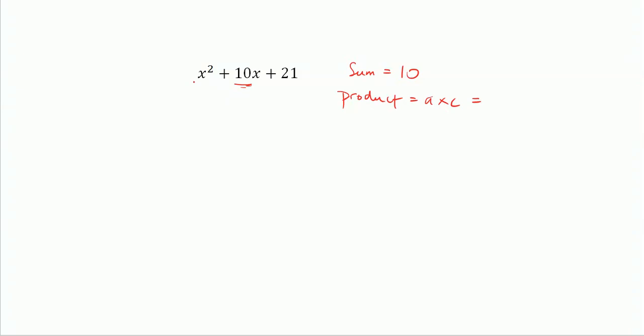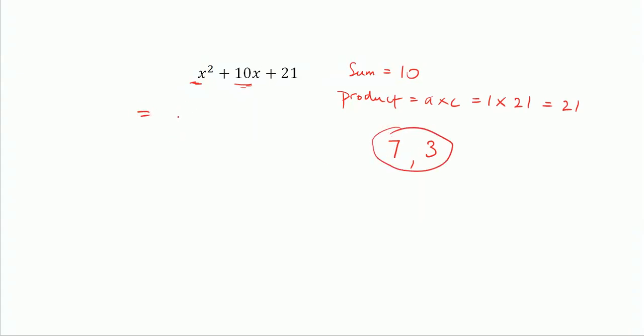A in this case is 1, the coefficient of x squared, multiplied by c, which is 21. So we are looking for two numbers whose sum is 10 and whose product is 21. If we think about it, 7 multiplied by 3 gives us 21, so the product is 21, and 7 plus 3 gives us 10. So these are the two numbers that we are looking for.